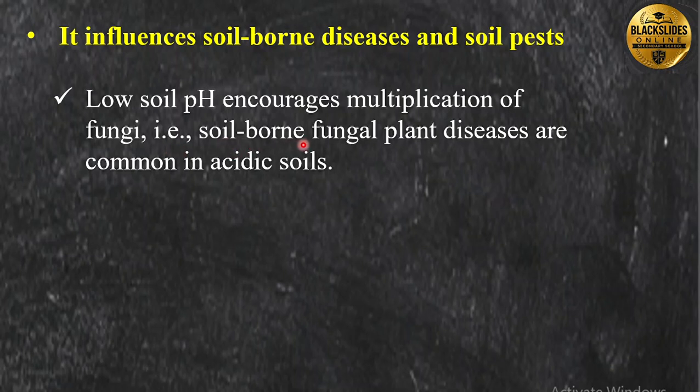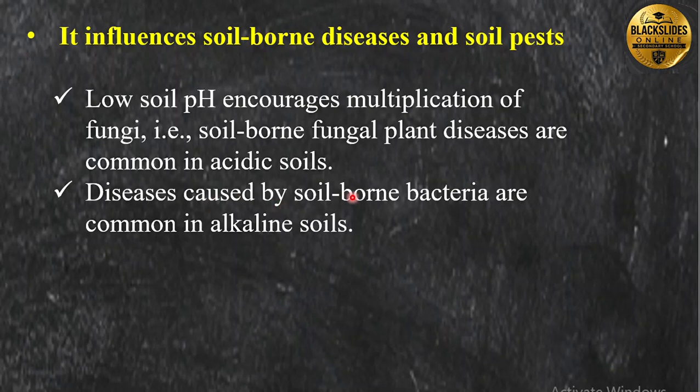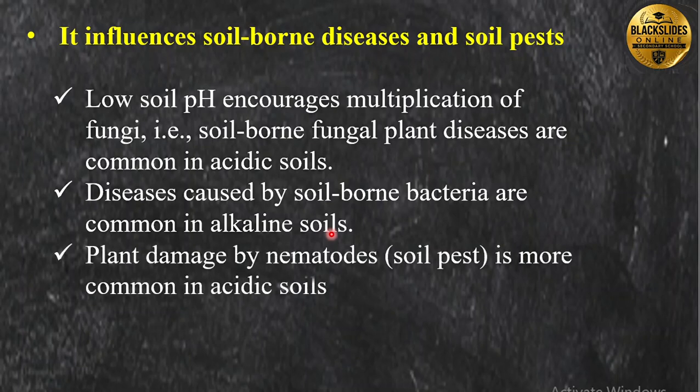So soil-borne fungal plant diseases are common in acidic soils. Diseases caused by soil-borne bacteria are also common in alkaline soils. It also is responsible for plant damage by nematodes. Nematodes are soil pests and are more common in acidic soils. So it influences soil-borne diseases and soil pests.